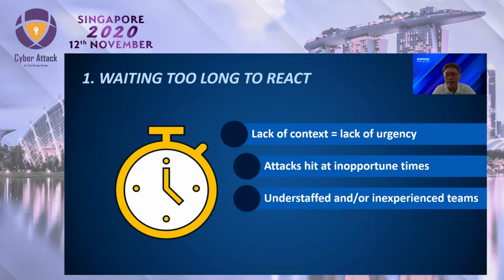The third that we have seen is usually understaffed or inexperienced teams. This is probably something a massive number of our customers experience. When there is a detection using any of the security solutions, does your team have the capabilities or know-how to look at it and start building up the different types of processes in place to deal with this type of detection?